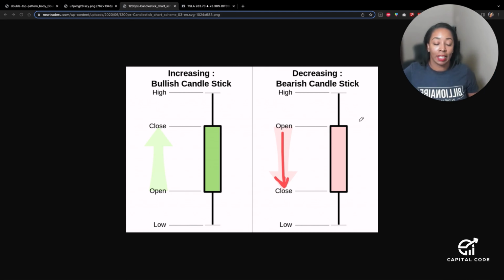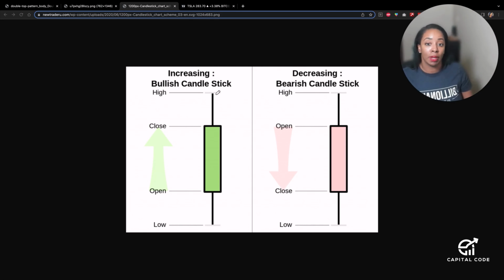So for example, say this open was 10, and now this is at 9, we have to know that the open price is higher than the close price. And the reason why is because this price went down. So it'll show bearish. And this is basically the 4 data points that you will get from these candle charts.